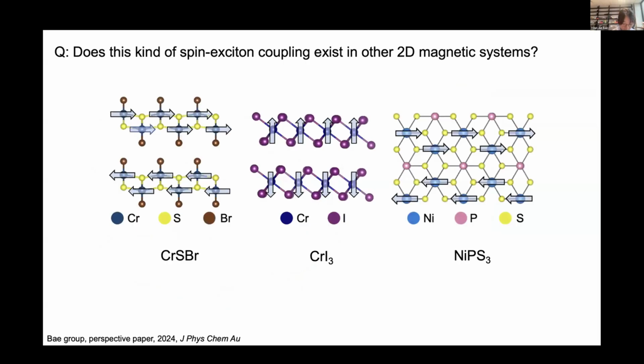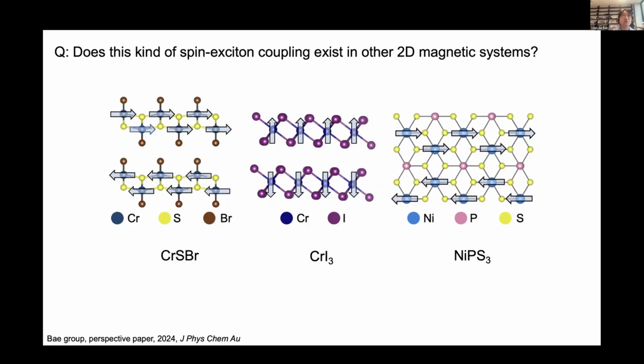Okay, so that was all about external sensing, how we monitor the spin dynamics in CrSBr. I find it really interesting, and I think a lot of people in the community do too. So we started to ask ourselves, can we make this a universal phenomenon in other systems?